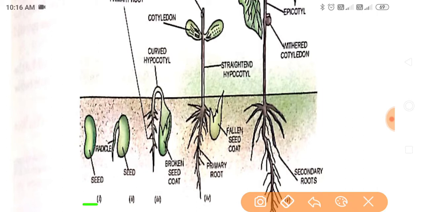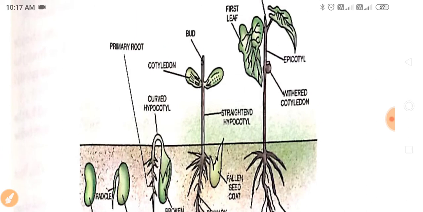You can see the images when you read the different stages. In the first stage you can see the seed swells up, and the radicle just goes downward. As this is epigeal germination, you can see the broken seed coat here, and the curved hypocotyl comes above the ground.